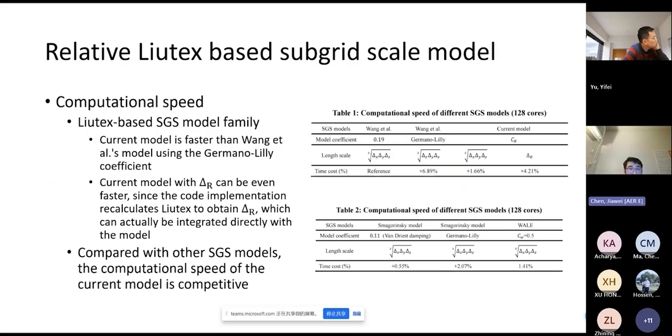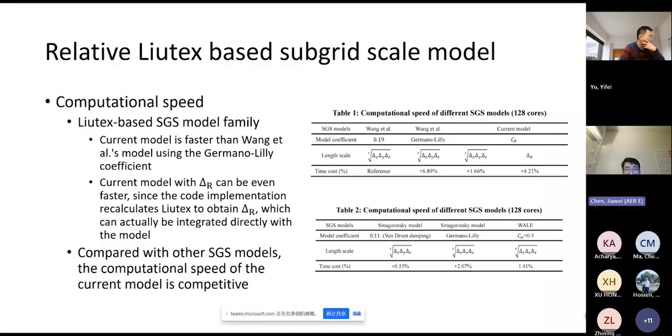This slide shows the computational speed. An important consideration for any subgrid model is computational efficiency. These two tables show the computational speed comparison using 128 cores. Our current model with the C_R coefficient is faster than the original Liutex model using the Germano-Lilly coefficient, only about 4.21% slower than the reference case compared to 6.89%.